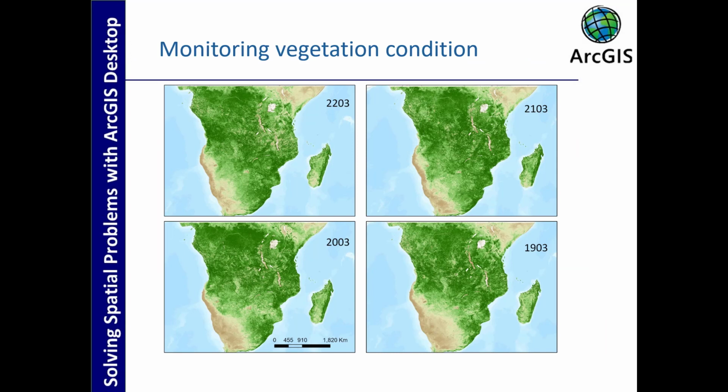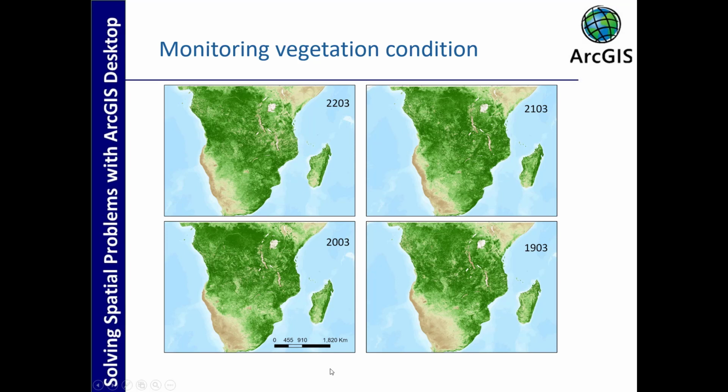Another M is monitoring. Monitoring is to follow what is happening along time or space. For example, these are vegetation condition images we call NDVI. We deal with this more deeply in a remote sensing course. This tells how is the condition of the vegetation in different areas. These are images of the last 10 days of January for 2019, 2020, 2021, and 2022.